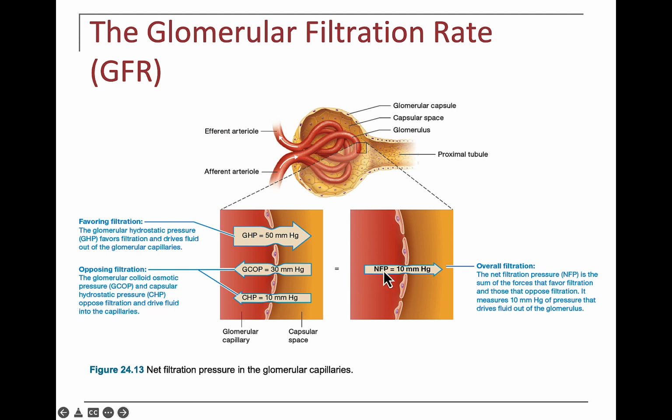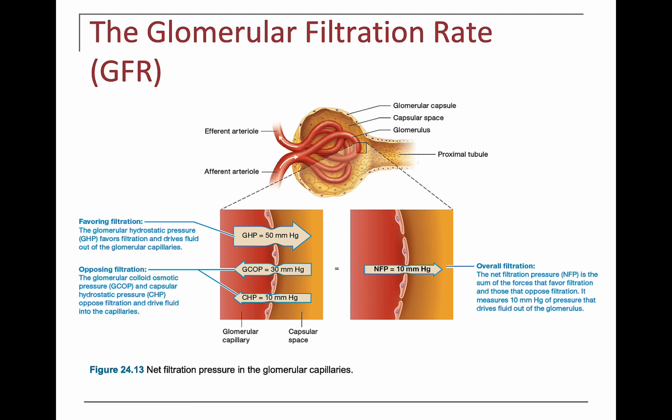What we're trying to find is our net filtration pressure, and here we see an average is 10 millimeters mercury. But how we get to that, we take pressures promoting filtration, which is GHP, and subtract both GCOP and CHP. So if you want to write that down, our net filtration pressure equation from the renal corpuscle is NFP equals GHP minus GCOP minus CHP.